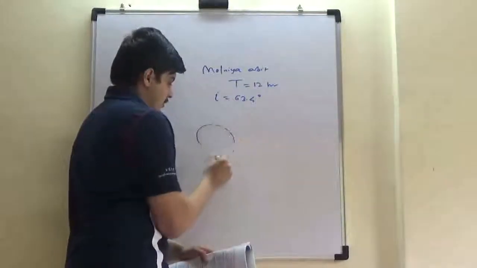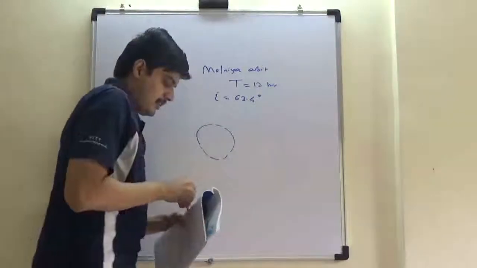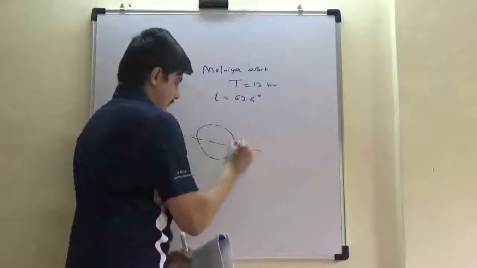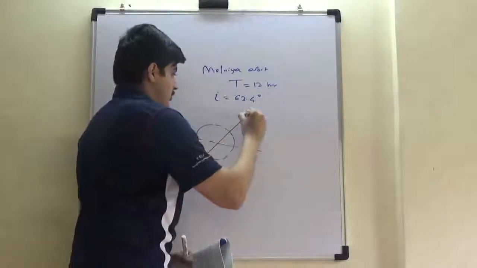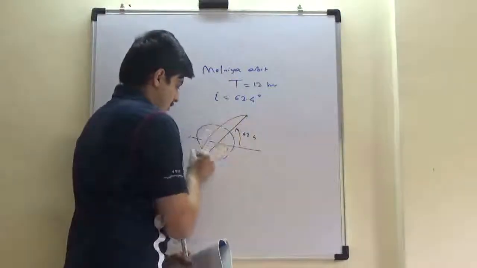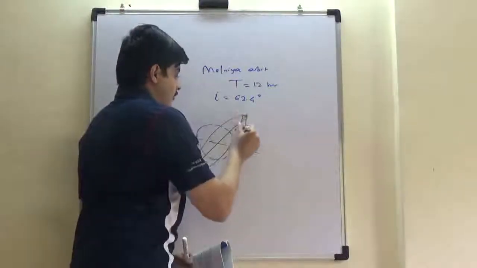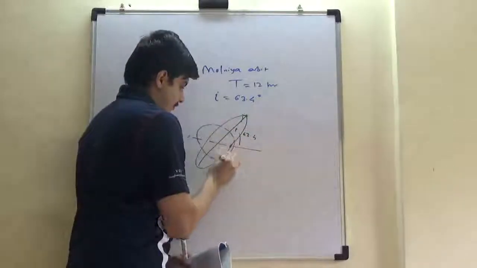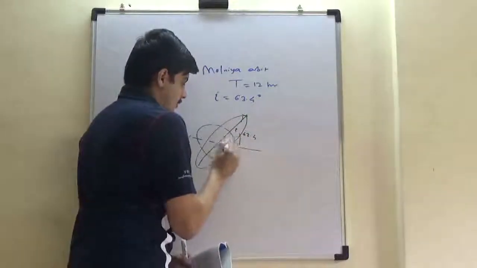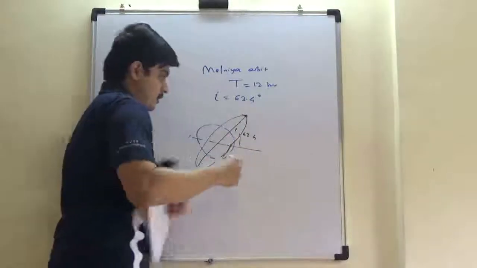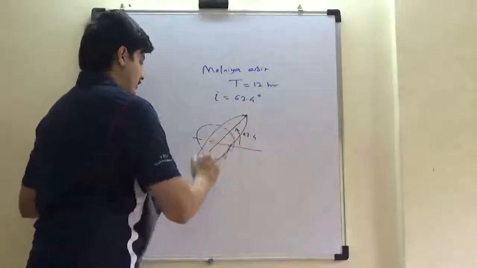So if this is the Earth, they will form an inclination of 63.4 degrees. So they will cross something like this. In this plane, they will form this orbit. This is the elliptical orbit that these satellites form at 63.4 degree inclination.